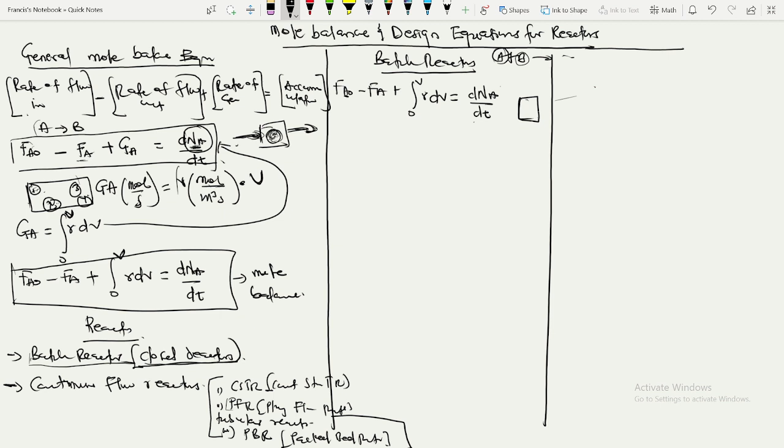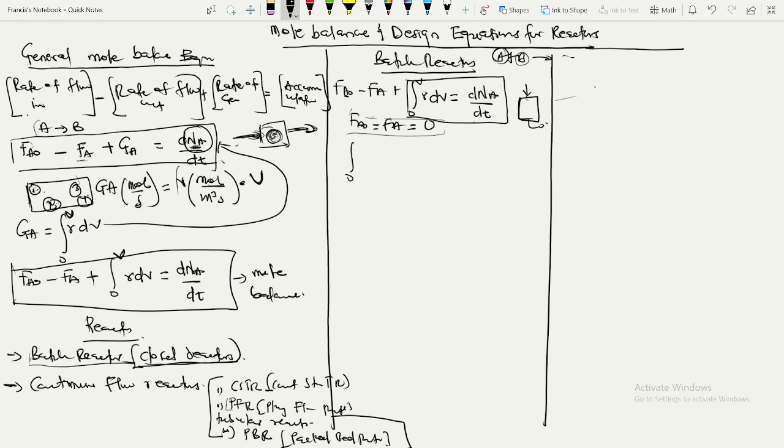And after a certain time, we come and look at what has happened to our reactant and look at the number of products which has been formed. So there's nothing like flow in and flow out, so our FA0 and our FA will be equal to 0. However, these terms still remain.